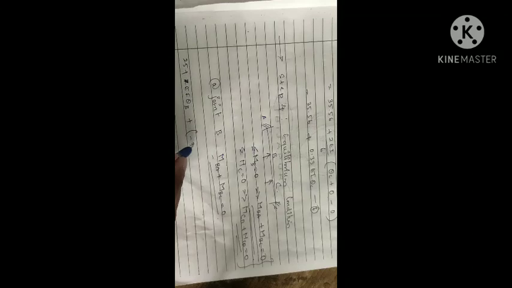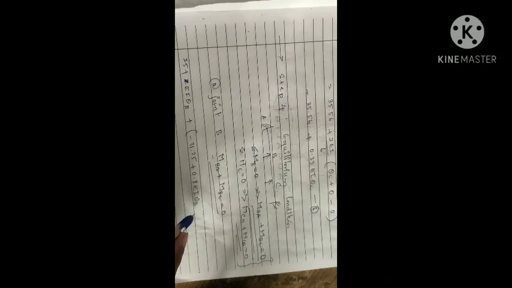So MBC is minus 31.25 plus 0.8 EI theta B plus 0.4 EI theta C. If you are getting any confusion during this step, you can just message.